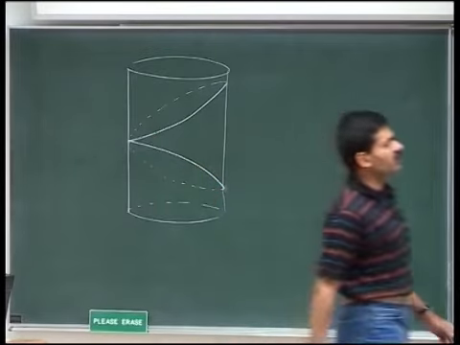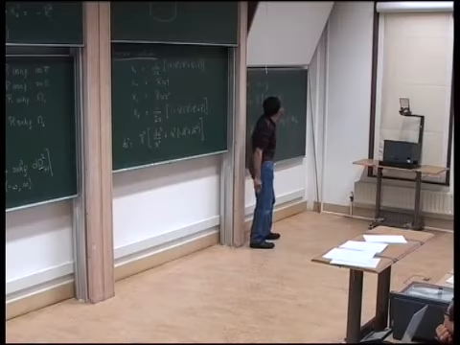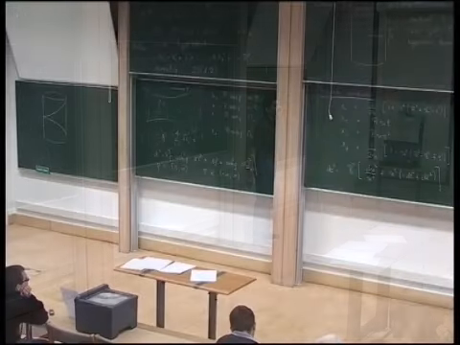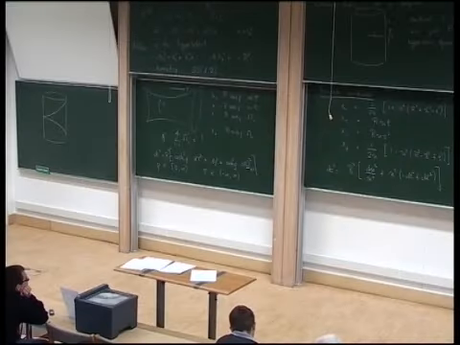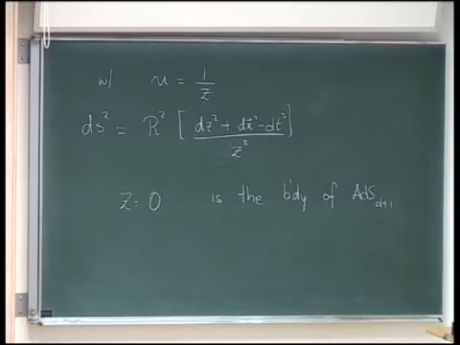So, in these coordinates, as z goes to infinity, the metric function GTT goes to 0. This looks like a horizon of a black hole. If you remember, if you have a Schwarzschild black hole, the metric function GTT goes to 0 as I go towards the horizon of the black hole.